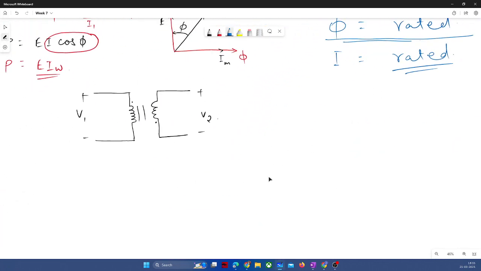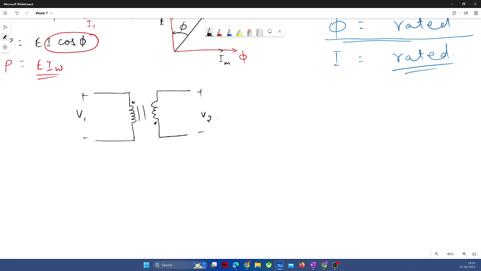Yeah, so just let me clarify about dot convention. Let us assume this is an ideal transformer. You have given a supply here, and you are placing certain dots in the circuit. So what does it mean?